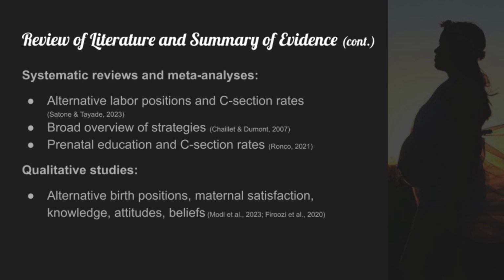Several qualitative studies also were used to look at the experiences of both mothers and maternity care providers. One study published in 2023 explored the experiences of mothers with alternative birth positions and found that mothers who were provided with education regarding alternative labor positions had better birthing experiences.